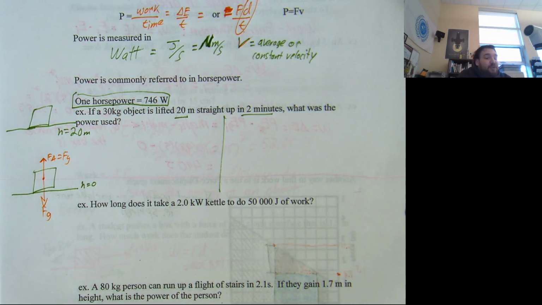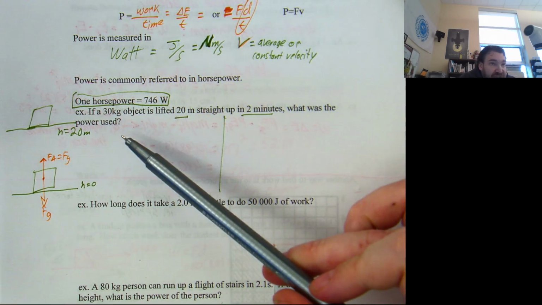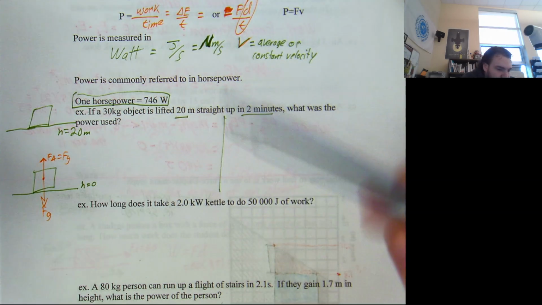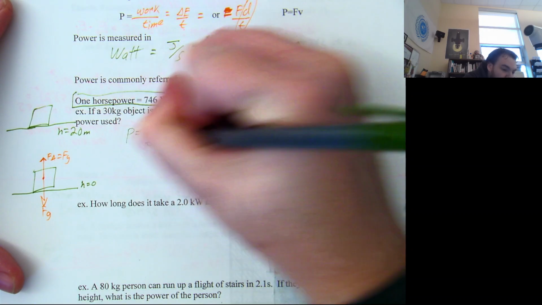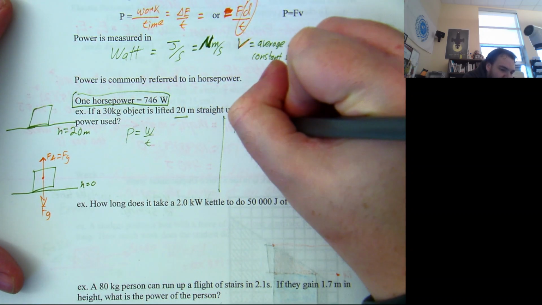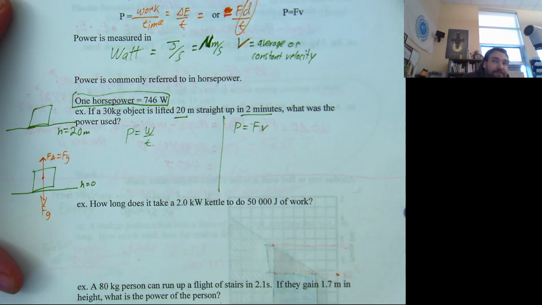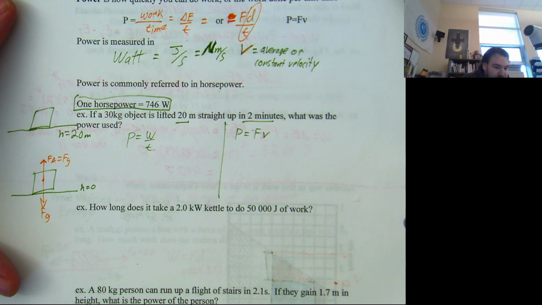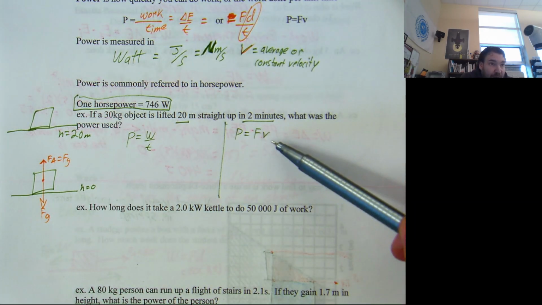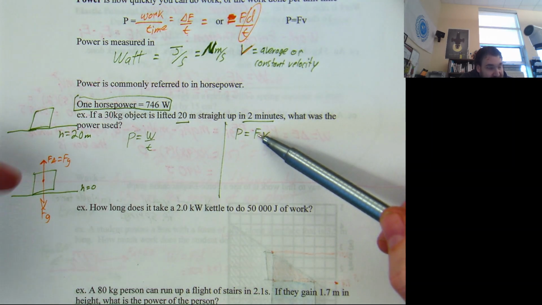So, two ways we can look at power, because that's what we're looking for. What is the power used to do this? Power is either equal to work over time, or, on the other side, power equals Fv. Let's look at this one first, power equals Fv. We know the force applied to do the lifting has to be equal to Fg.